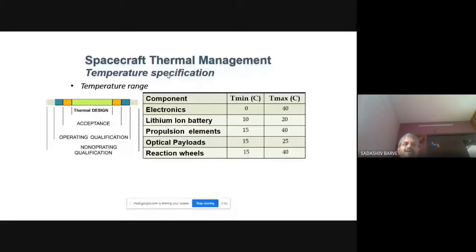So in thermal design, there are different aspects, what we call the thermal design range.